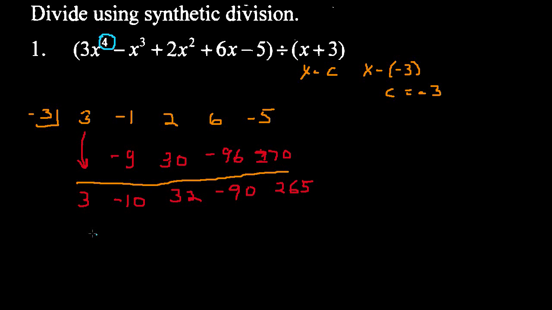So that would be degree 3. So I'm going to write 3x to the third, and then the next one is minus 10x to the second. I'm writing them in descending degrees. And then plus 32x, and then minus 90.